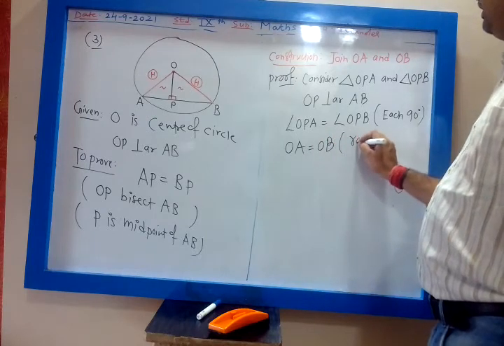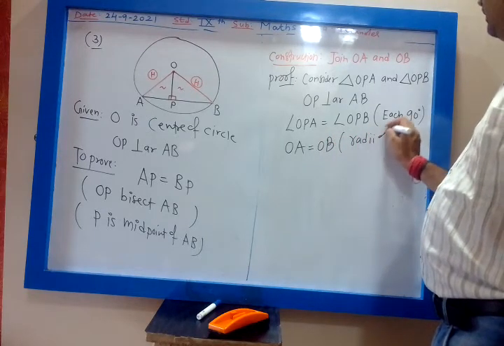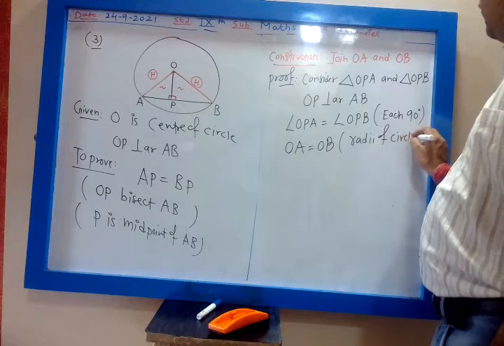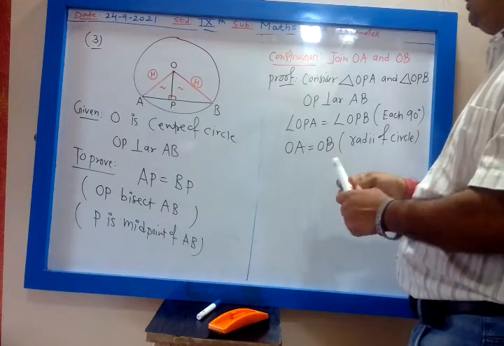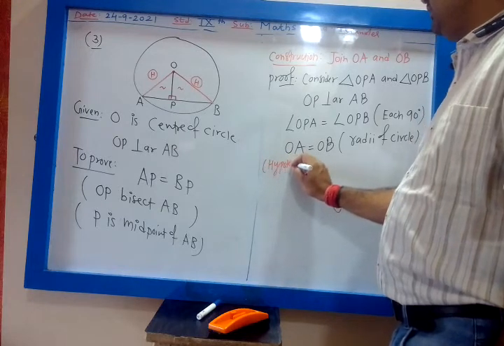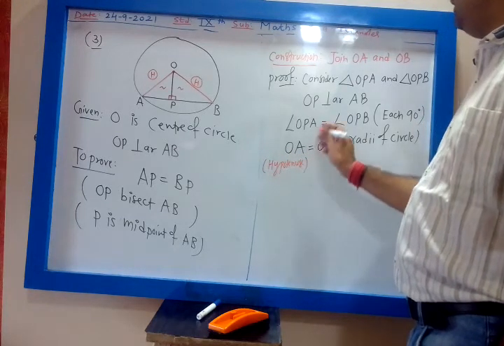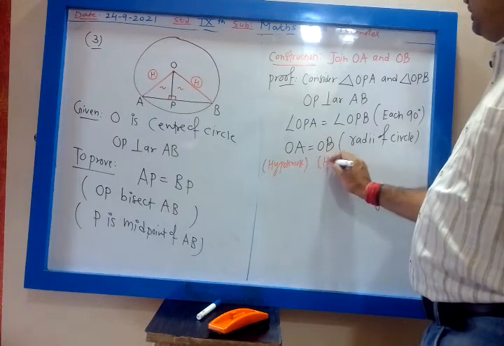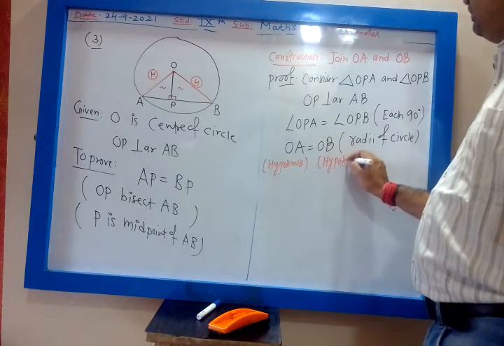Both are hypotenuse. Remember, hypotenuse of triangle OPA is OA, hypotenuse of triangle OPB is OB.